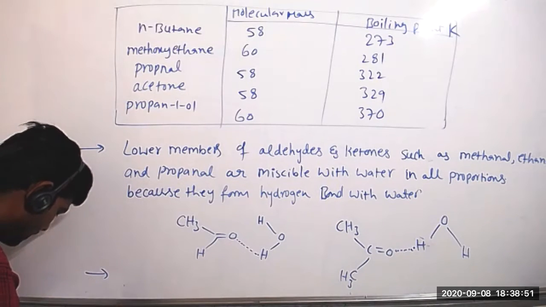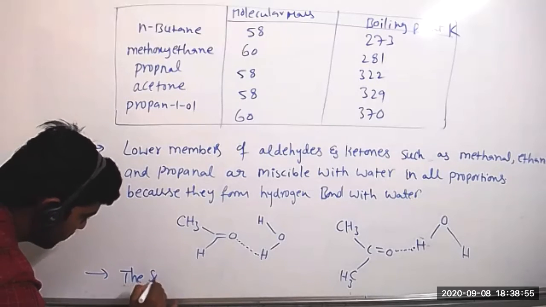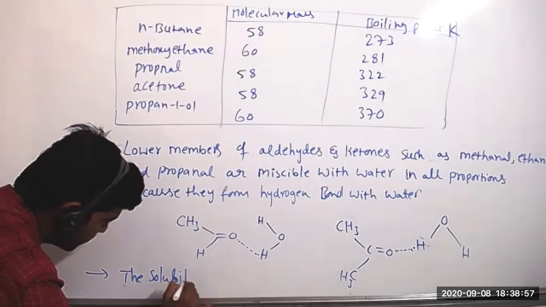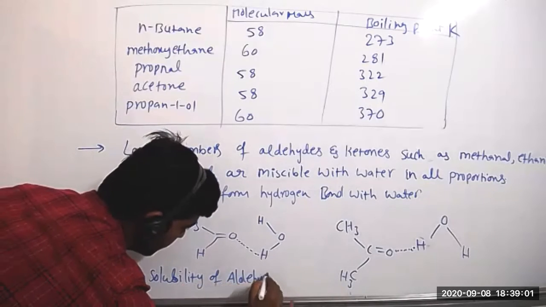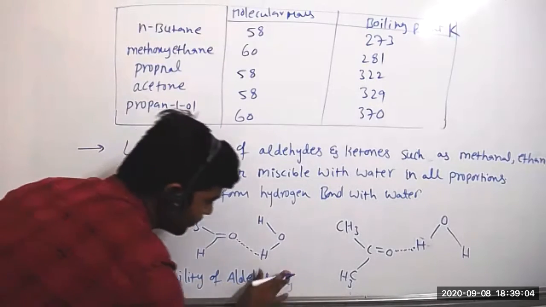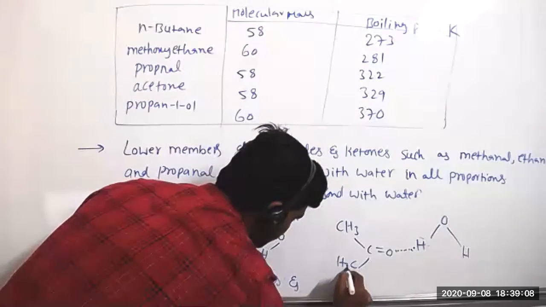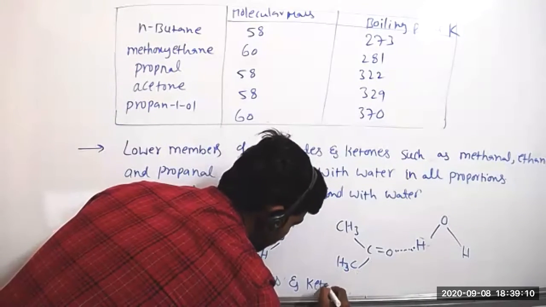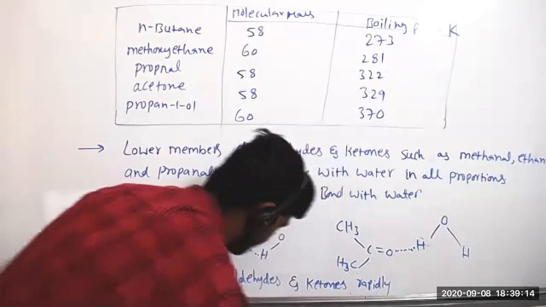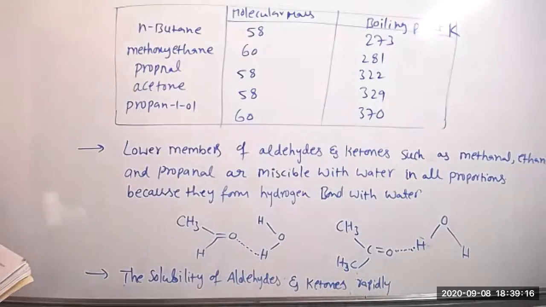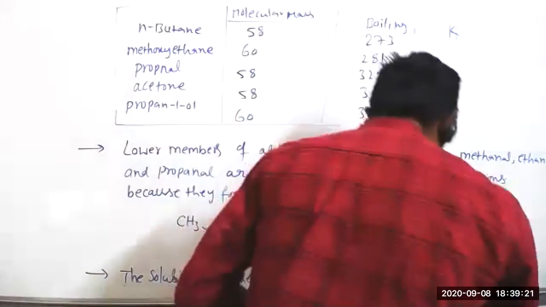So the solubility of aldehydes and ketones decreases rapidly on increasing the length of the alkyl chain.